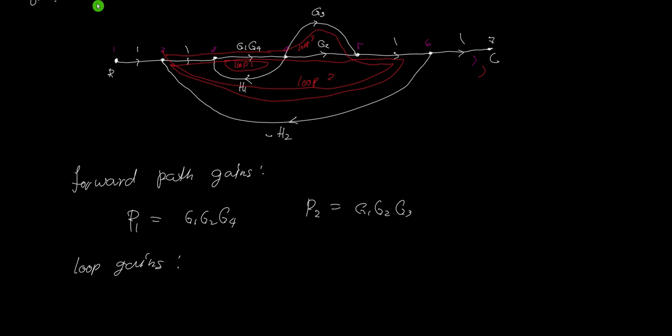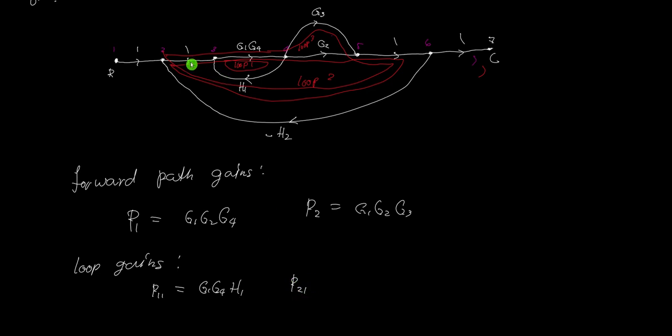So now, what are the gains of those loops? For loop 1, we can call that one P11. That will be equal to, so this is negative 1, G1, G4, then we have H1, positive H1. So the loop is G1, G4 times H1. That's the loop gain of P11. Next, P21.